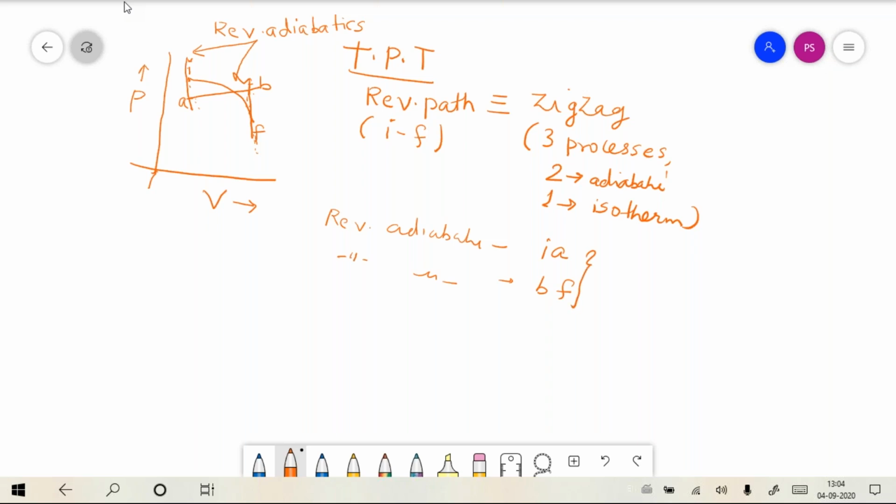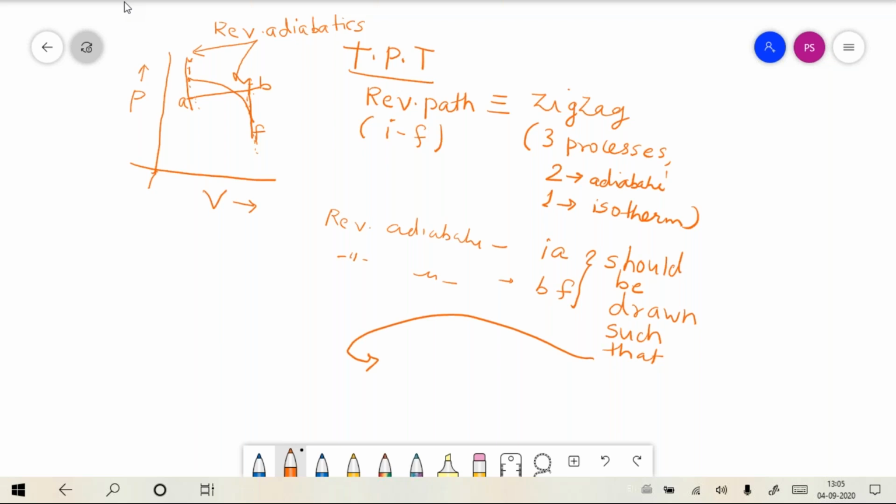They should be drawn such that the area under IABF is equal to the area under I to F. What is the condition which is to be satisfied?